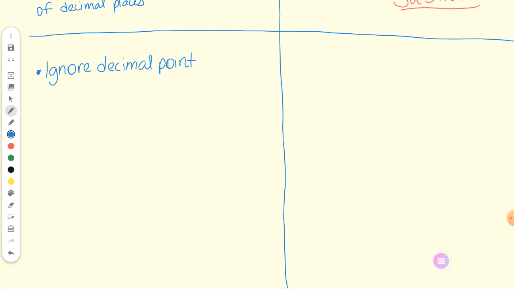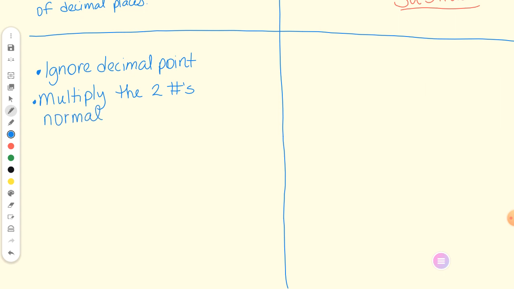Okay, and you can't forget about them, but you can ignore them for a minute. So you kind of look past the decimal point. What do you think I'm going to write next? You ignore the decimal point, and then what, Harper? Multiply the 2 numbers. Yeah, you multiply the 2 numbers normal.